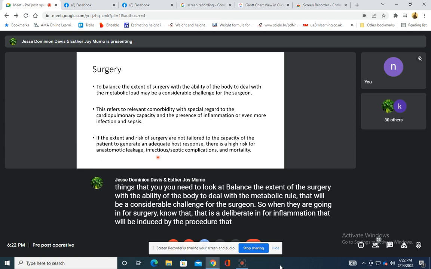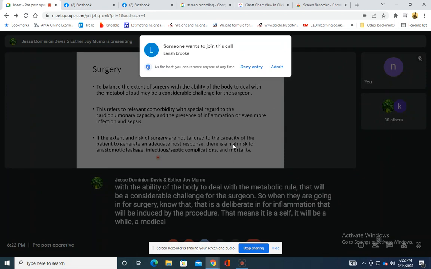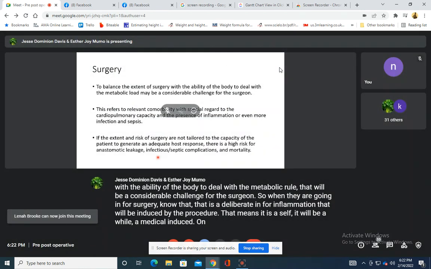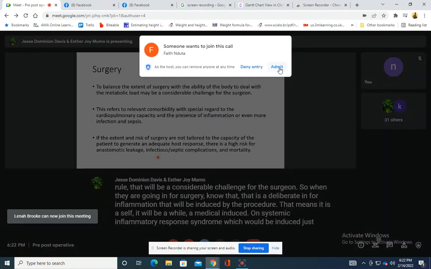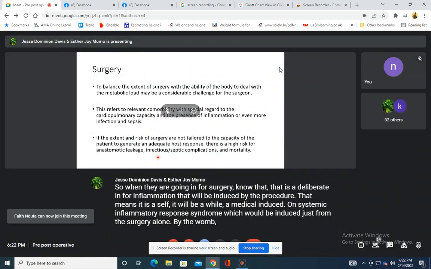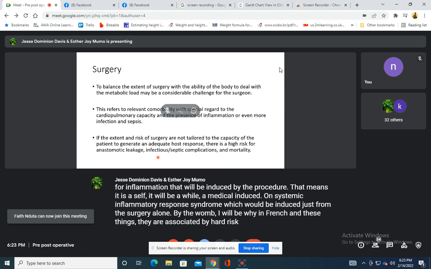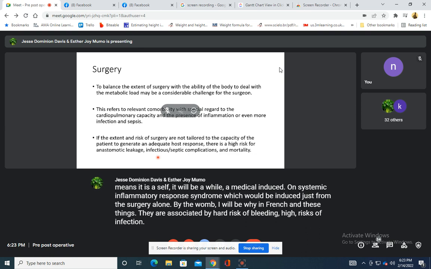That means it will be a medically induced systemic inflammatory stress response syndrome, just from the surgery alone, with the wound being inflamed. These things are associated with a high risk of bleeding, high risk of infection, and so on.